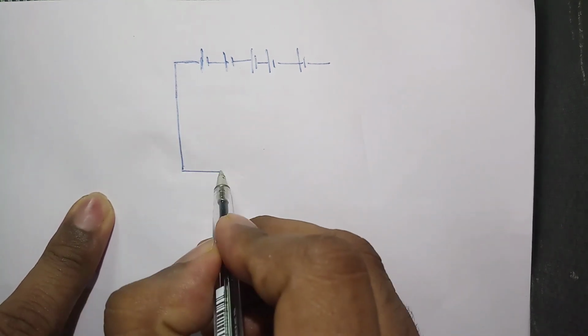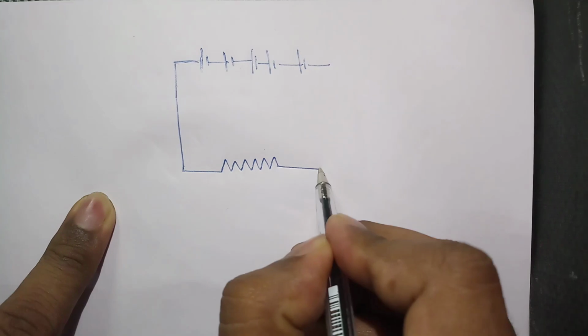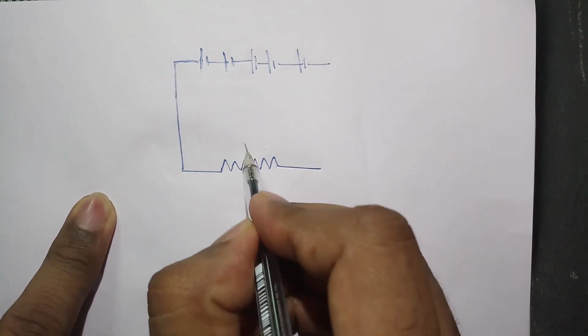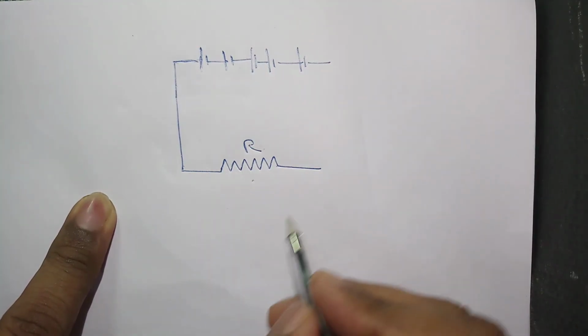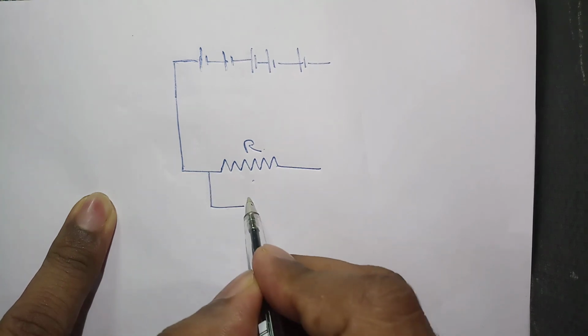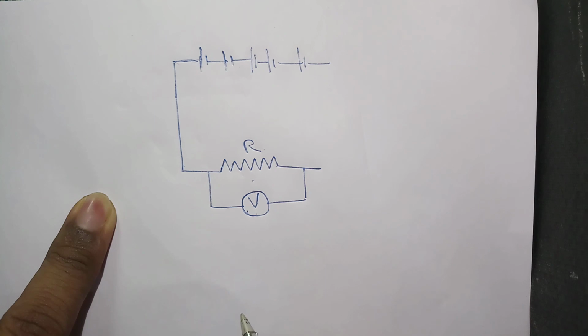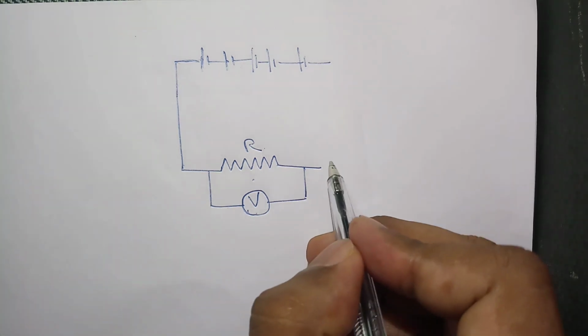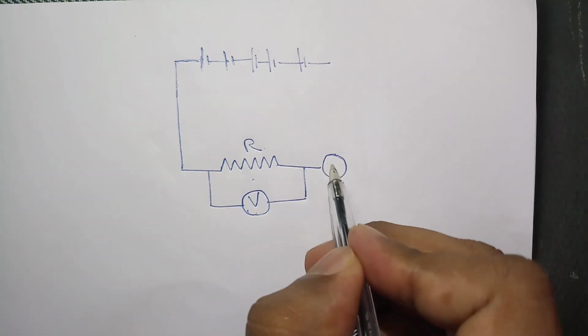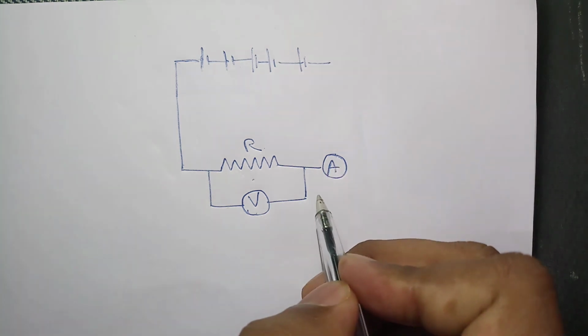So here we have the resistance. This is the symbol for resistance, and across this resistance we have a voltmeter to measure the voltage across the resistance. Now we have to measure the current. For that we have an ammeter also here.